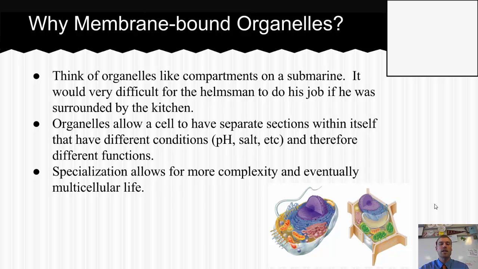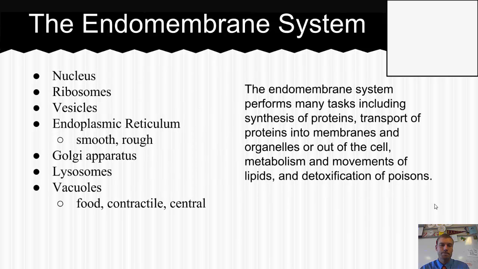The membranes separate the environment of the organelle from the rest of the cell, allowing it to function at a different pH range, have different salts, have different molecules inside of it. And so that allows it to carry out its function much more efficiently than if it was just in the cytosol, in the cytoplasm area. So that specialization is really important, and it also allows cells to become larger and be able to do more complex things, and eventually leads to multicellular life.